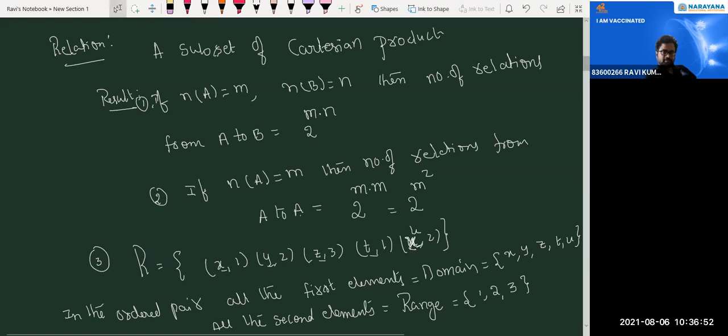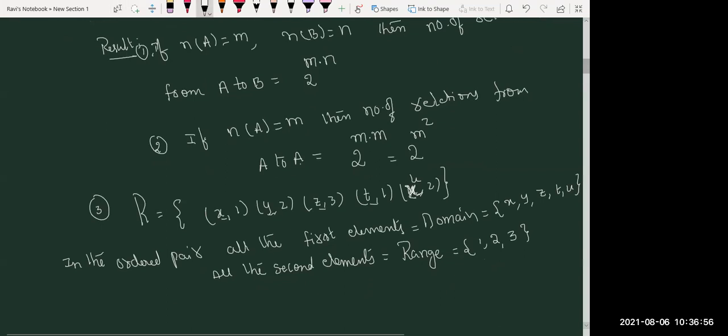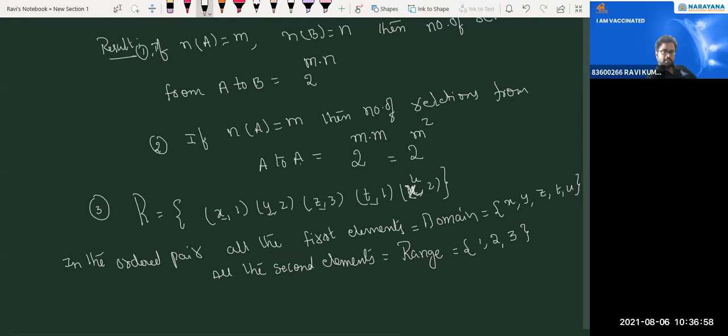Finish or not? Yes, sir. Next, continuing here only, range is always a subset of codomain.